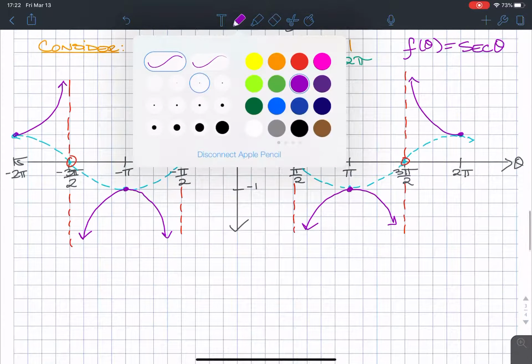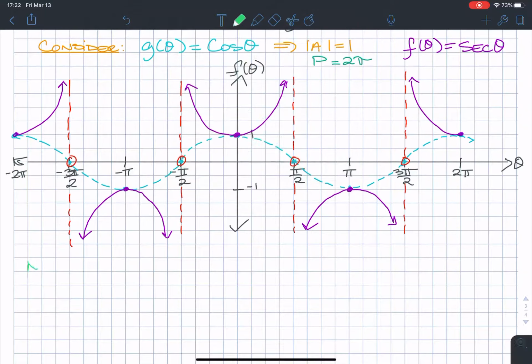Let's note what the domain is. So let's note the domain excludes all values of theta for which cosine is 0. That is, the denominator of secant is 0, so the domain will include all values of theta given that theta is not equal to, well, it looks like pi over 2, then the distance between pi over 2 and the next vertical asymptote is pi units.